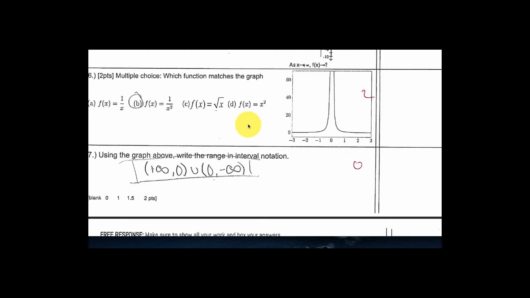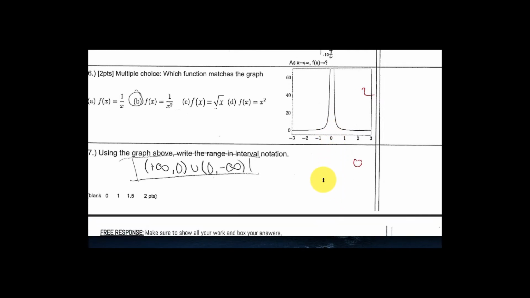Draw your attention to the student work here on question number 7. And remember, the ranges go from here, but I just want to show you what this would look like if we did this direction. They're saying positive infinity to 0. True, but you have to go from the bottom to the top, and then they go from 0 to negative infinity.